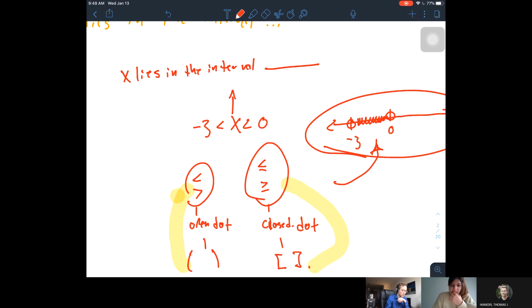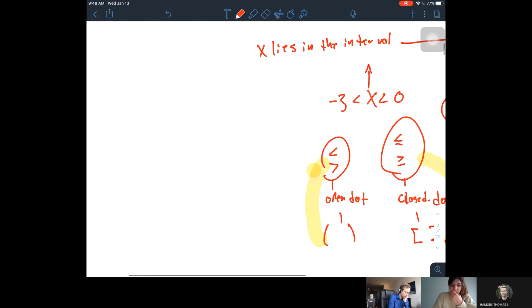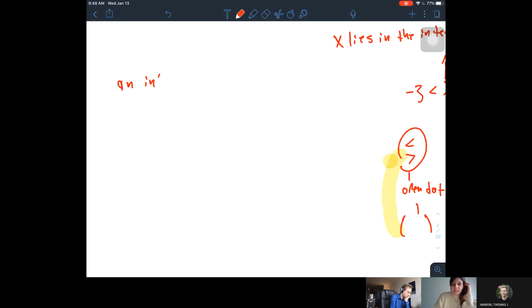Okay, that's okay. Let me explain how we write an interval. We write two numbers signifying the start and the end of the interval. And then we should have something on the sides, which will either be a bracket or a parentheses.